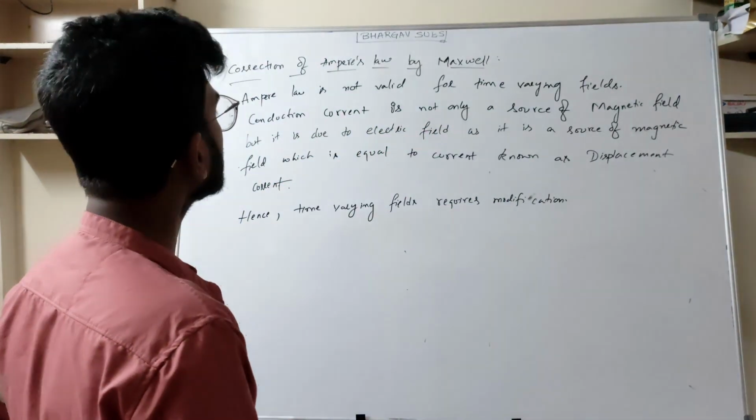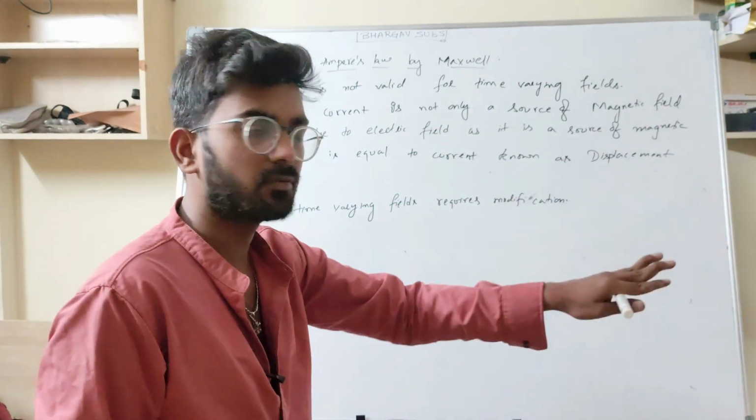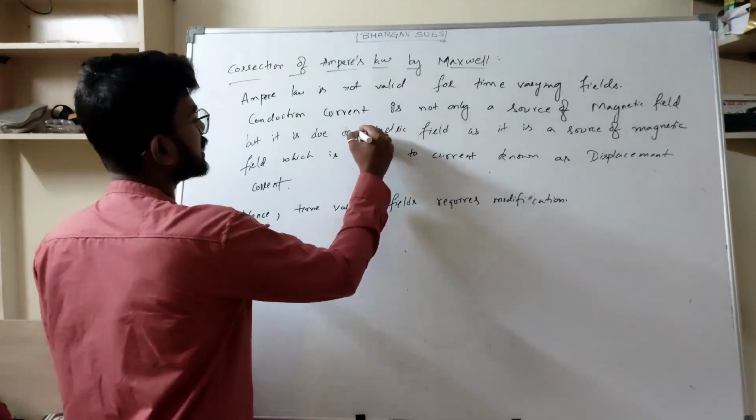So this was why Ampere's law is generally not valid for time varying fields initially. After Maxwell came, he declared that the conduction current which was flowing is not only due to the magnetic field but also due to the change in electric field.